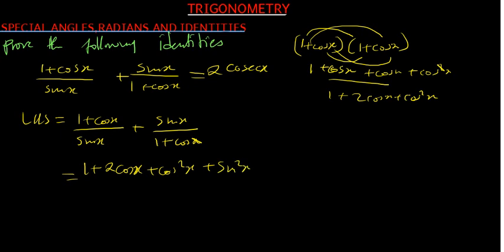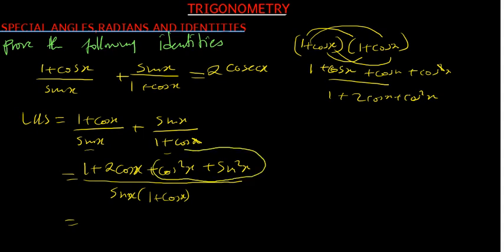sin squared x. And then divided by, the denominator will just multiply this and that, but we will not expand them. We'll just write sin x multiplied by (1 plus cos x) in that manner. So we know that cos squared x plus sin squared x is going to give us a 1.